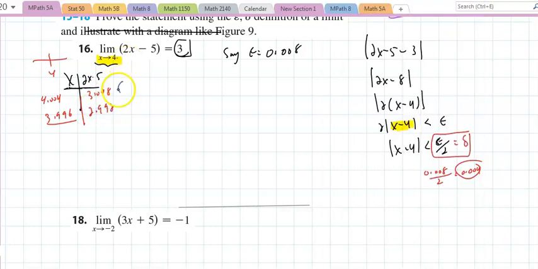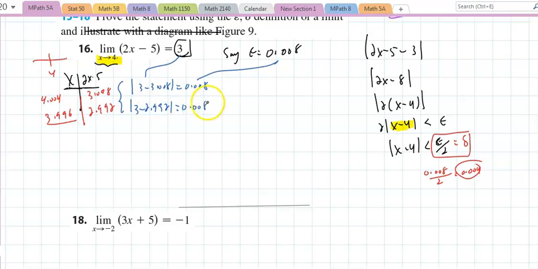Now, notice, if I take the absolute value of 3 minus 3.008, guess what I'll get? And if I take 3 minus 2.992, that is negative, but since it's an absolute value, that's how it works. So what do you have to do on every problem?